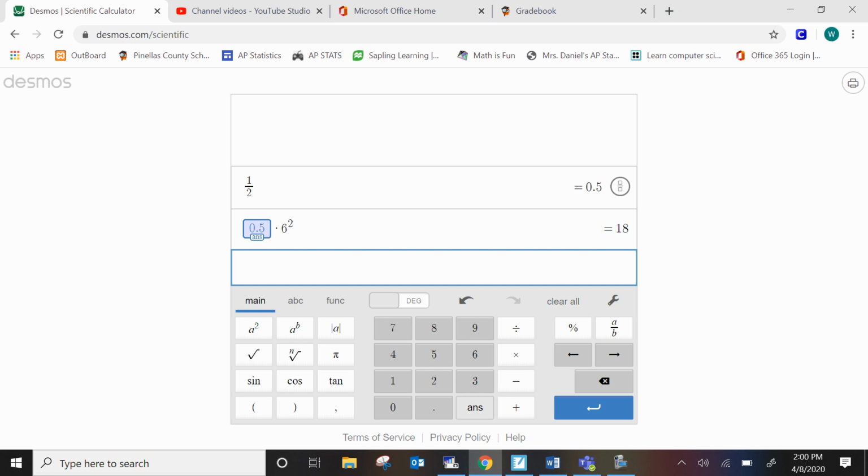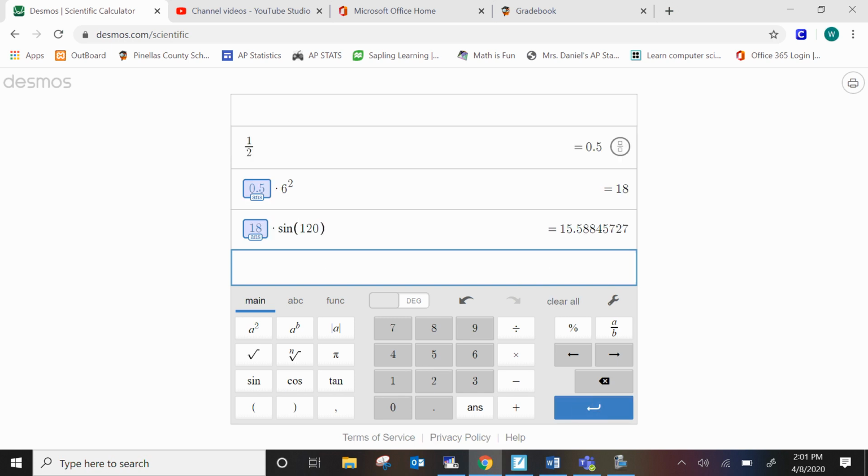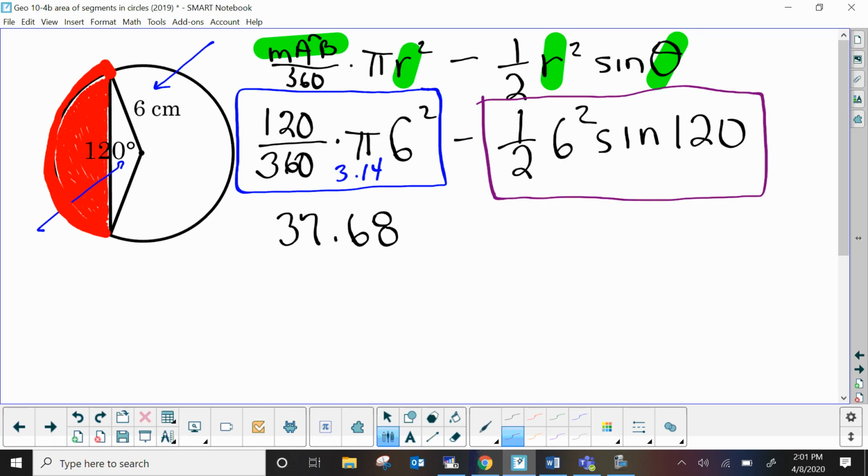Then I hit the answer button again, and then that times sine of 120 degrees. Enter. And there's my answer, 15.59.